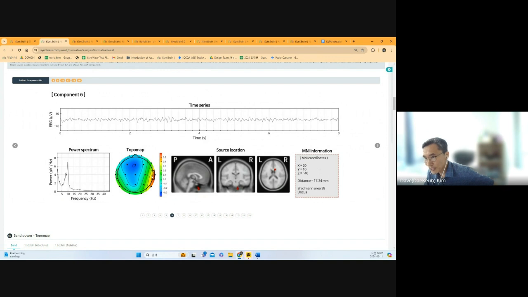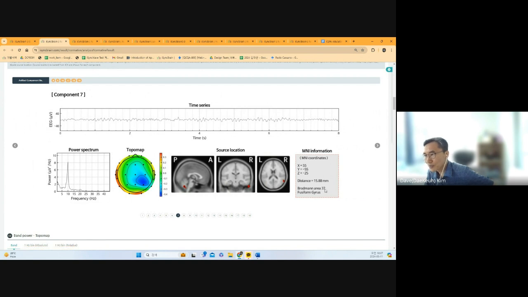The projection is in two directions, bidirectional: the positive projection is here and the negative projection in the temporal area. And we can see this temporal alpha activity, or theta activity, is also unhealthy, associated with depression symptoms.